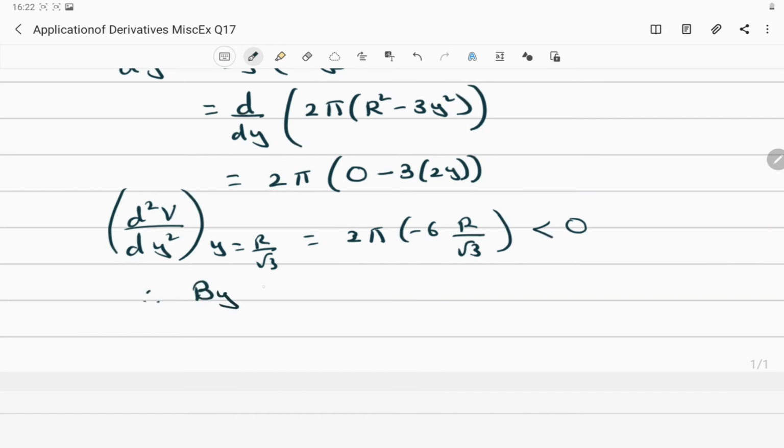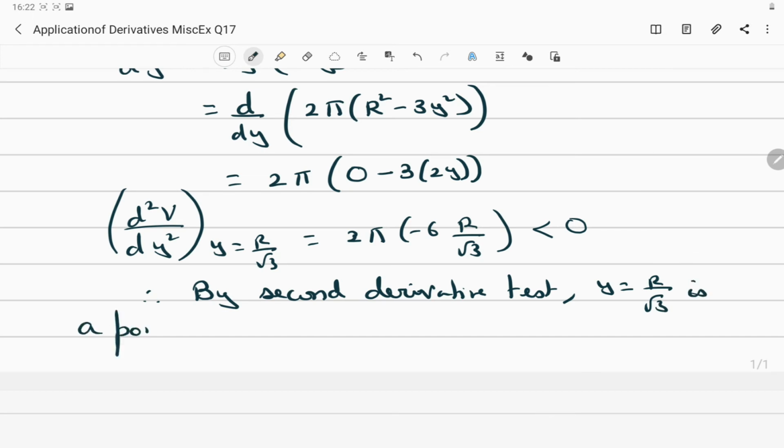Therefore, by the second derivative test we can conclude that y equal to R by root 3 is a point of local maxima.